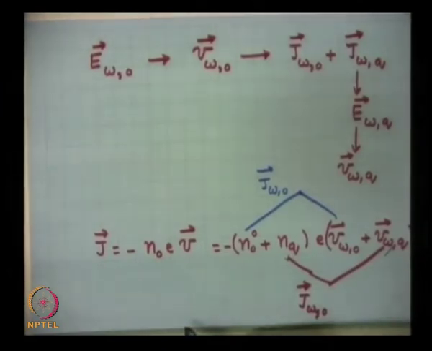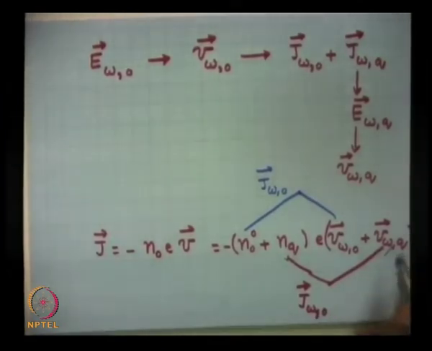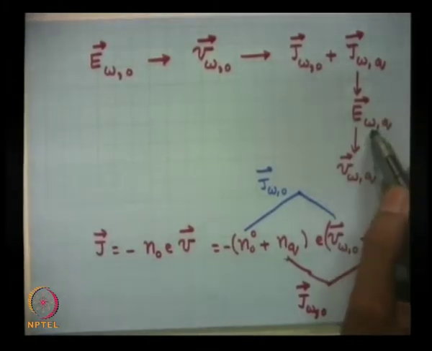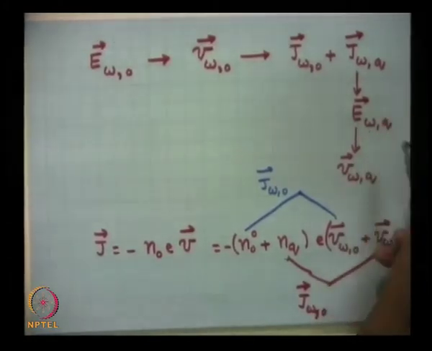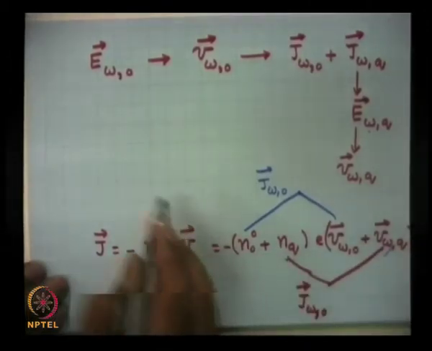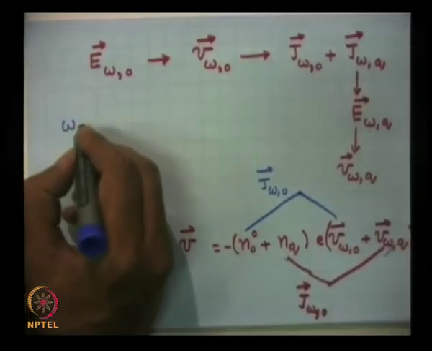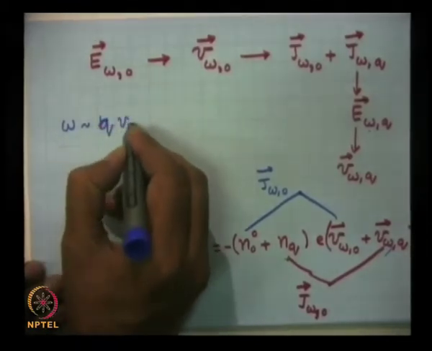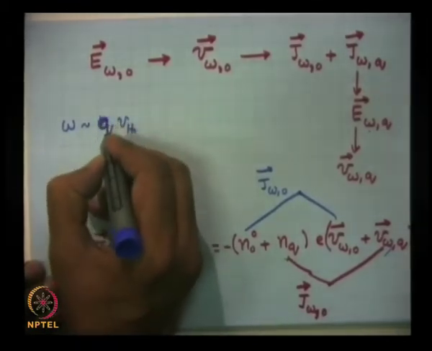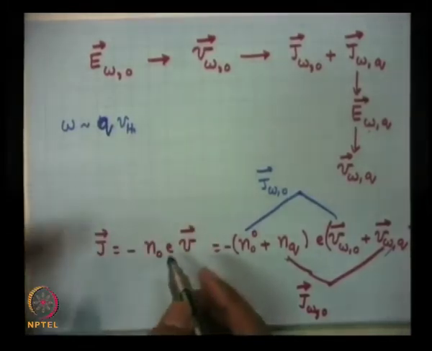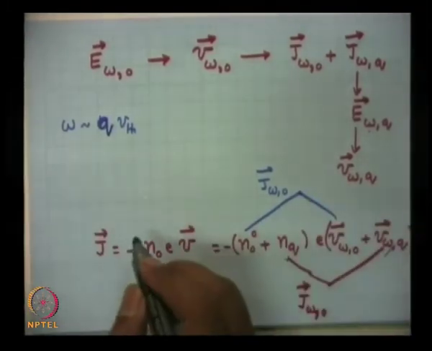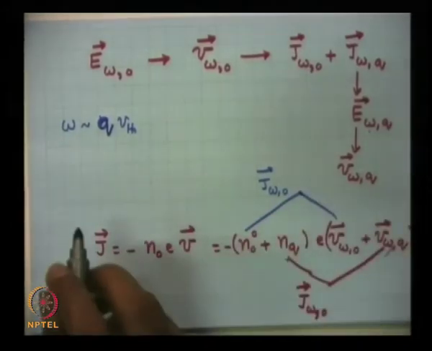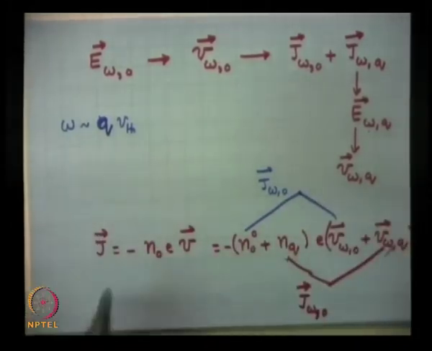And what can happen? This electric field or potential that you have at omega frequency and q wave vector, if it is such that omega is of the order of q V thermal, in that case this will be heavily Landau damped and it will have a finite imaginary part in its response.